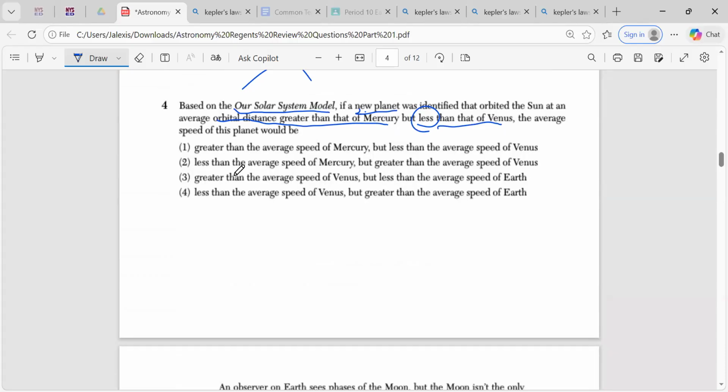Slower than Mercury: I see greater average speed? Nope. Less than the average speed of Mercury? That's true. And it's going to be faster than Venus, greater than the average speed of Venus. Choice two is my answer, because this new planet would be between Mercury and Venus, slower than Mercury but faster than Venus.